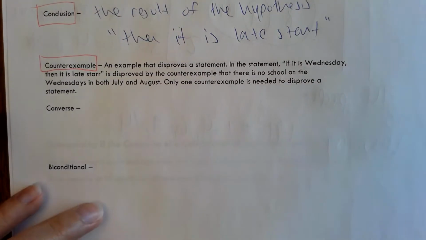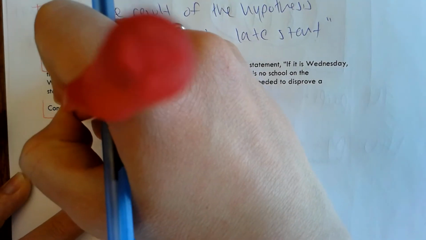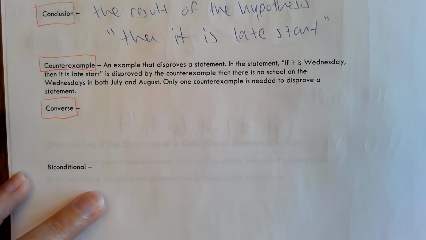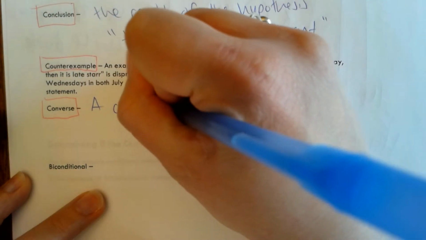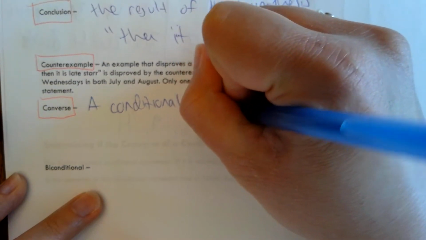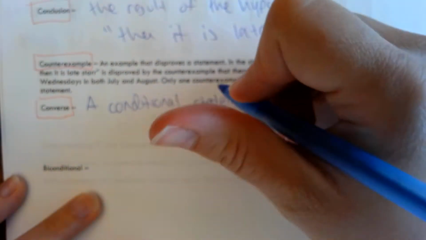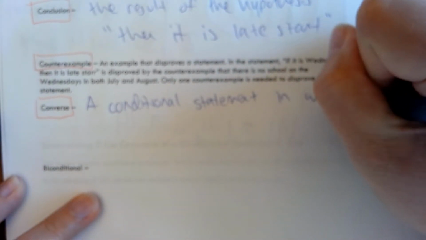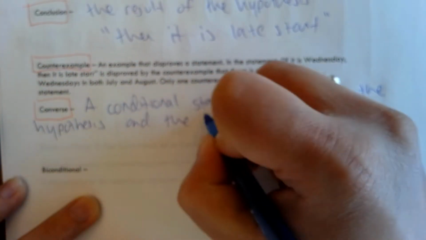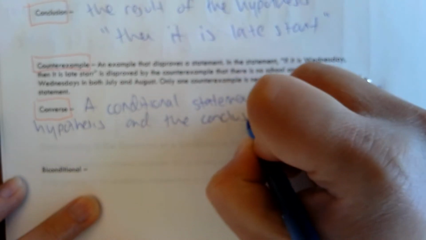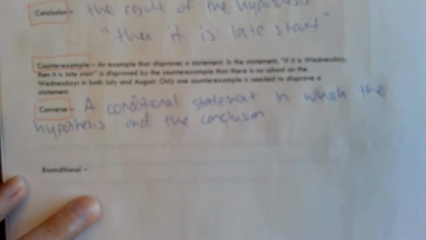All right, converse. A converse statement is a conditional statement, so it's an if-then statement, in which the hypothesis, so the first part, and the conclusion, the second part, are switched.